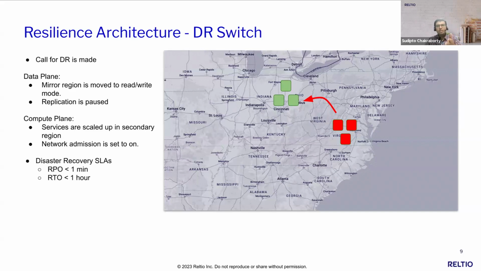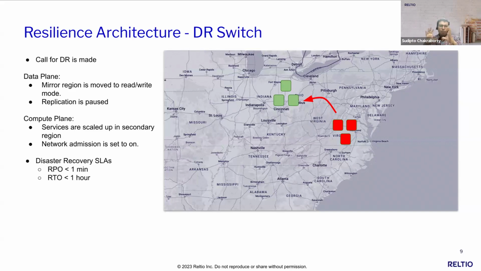The network admission is set to on in secondary, meaning we start routing user requests to that secondary region. So if you have users or API traffic, we switch the endpoints so that they now hit the secondary environments. Essentially all the microservices and APIs begin running from the secondary region, completely taking over from the failed primary.